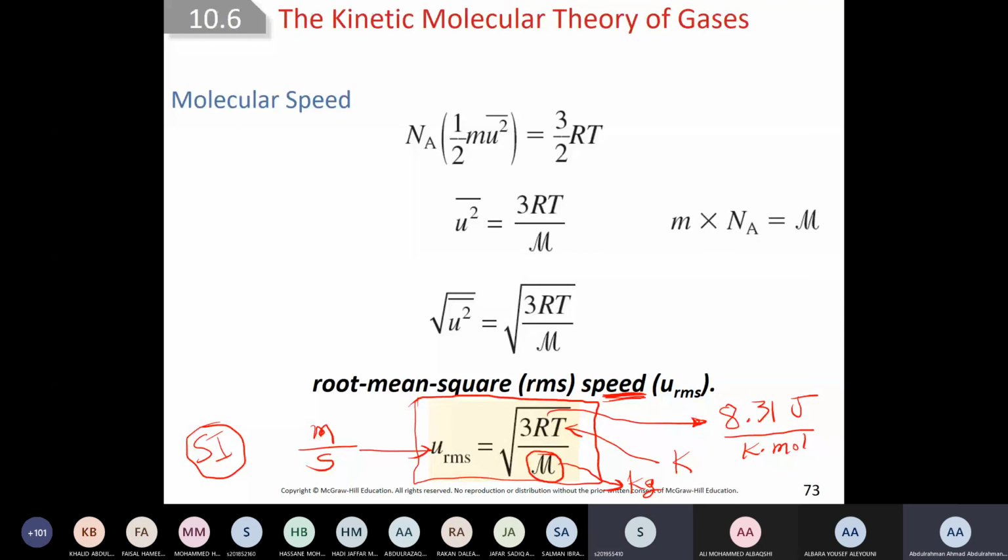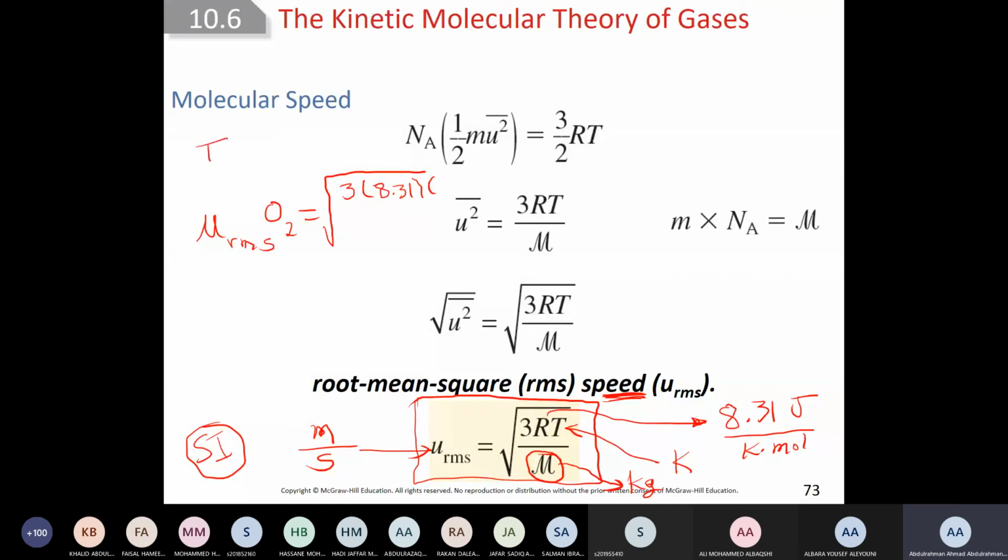So if I want to calculate the root mean square for O2 gas, what are you going to tell me? It's equal to what? 3 times what? 8.31. 8.31 times what?